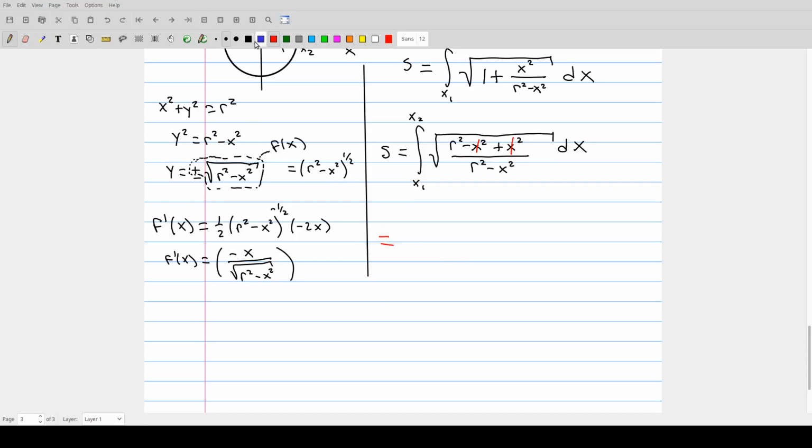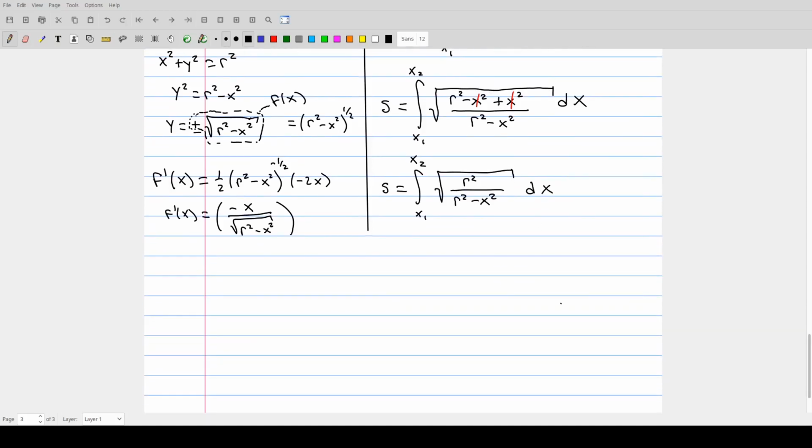And we are left with the equation that s is equal to the integral from x1 to x2 of the square root of r squared over r squared minus x squared, which we can use a little bit of algebra to simplify.